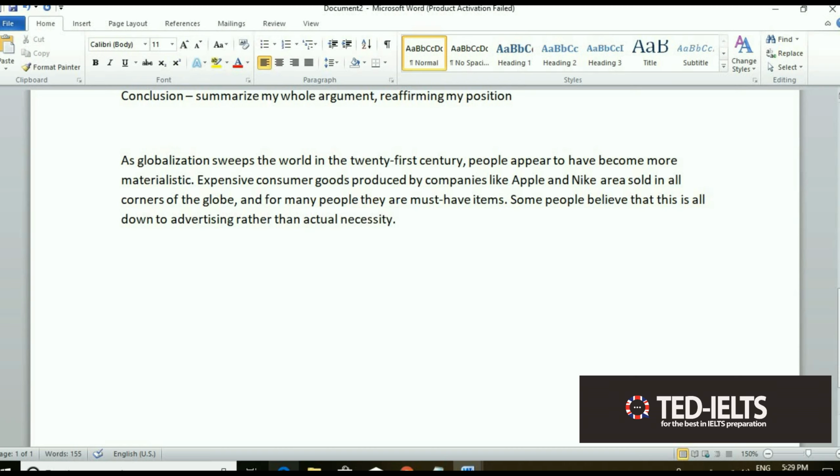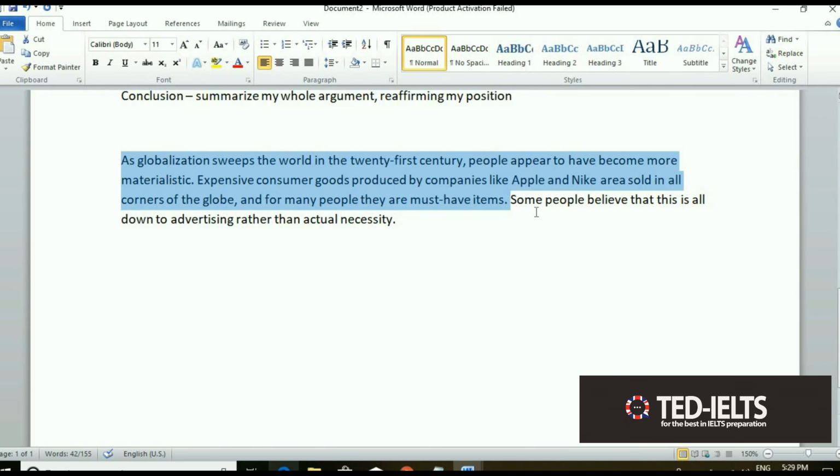Okay, so I've really paraphrased the question here now. In this case, you can see I've said this, referring back to our previous two sentences, is all down to, meaning caused by, advertising. So you can see now I've incorporated pretty much all parts of this statement up here.